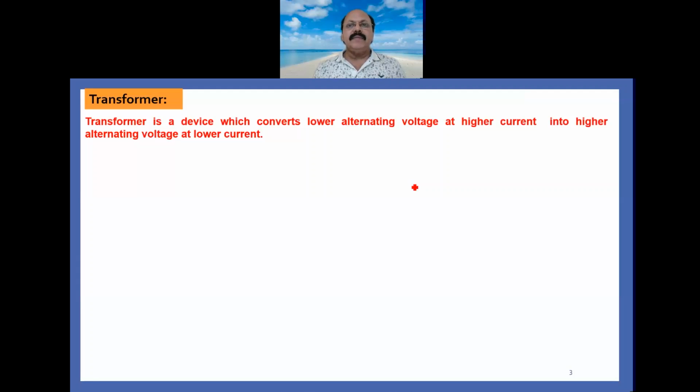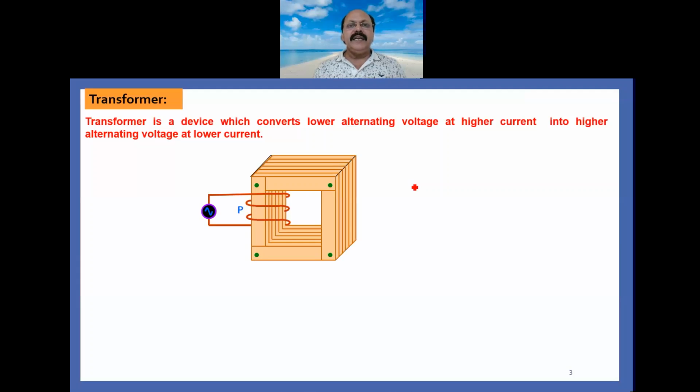If the voltage is stepped down, then the current is high, and when the voltage is stepped up, then the current is lower. So that's why we say that a transformer is an electrical device which converts lower alternating voltage at high current into higher alternating voltage at lower current.